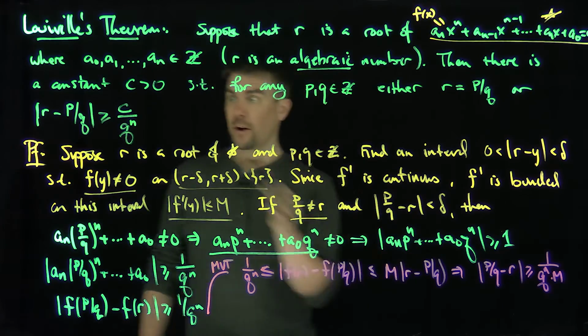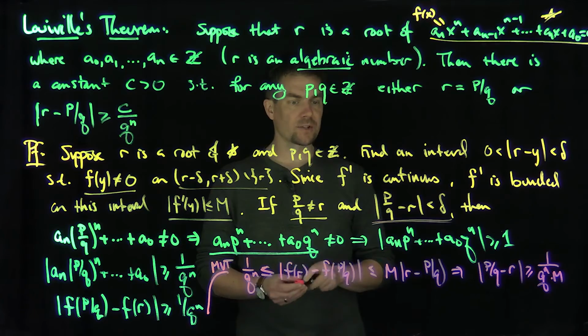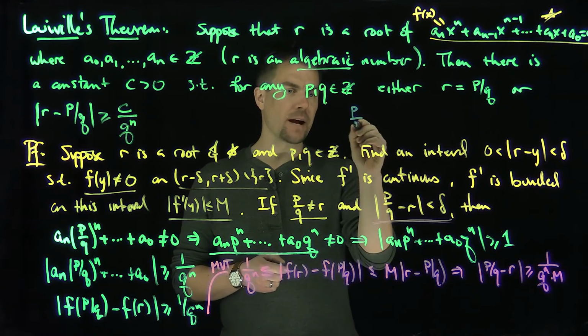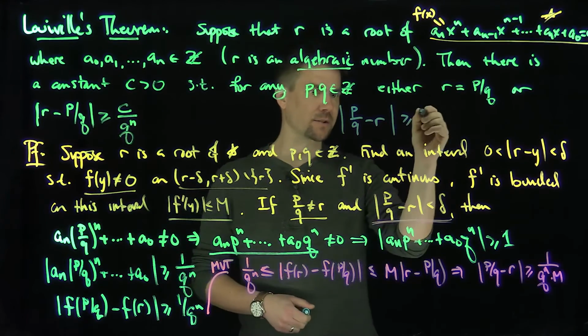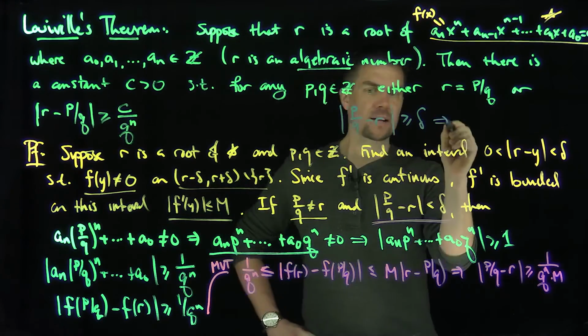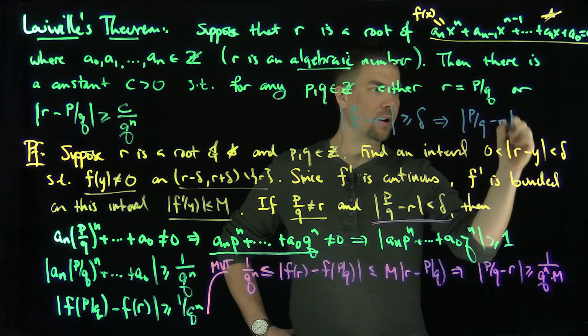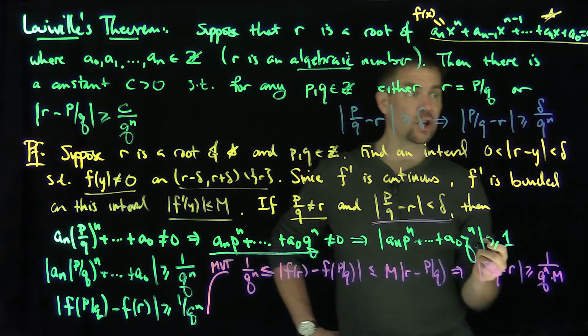That's the value of c if |p/q - r| is less than delta, right? However, if you're in the opposite range, if |p/q - r| is bigger than or equal to delta, they're far away separated, then what does that say? I can make this bigger. |p/q - r| is definitely going to be bigger than or equal to delta over q to the n, because 1 over q to the n is a fraction.